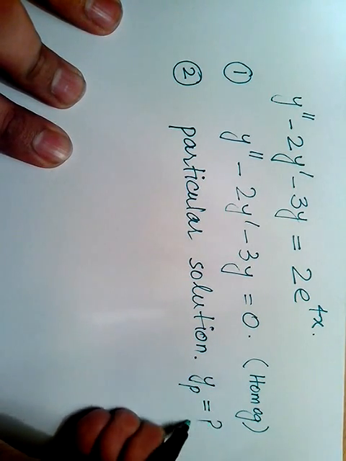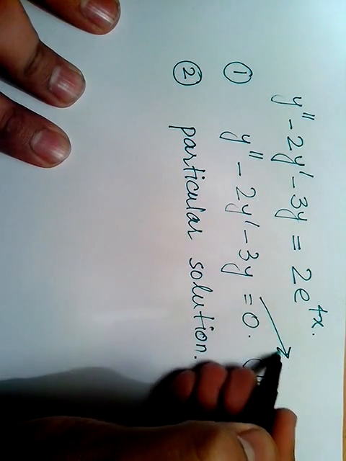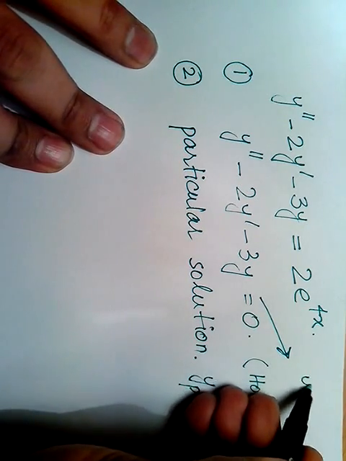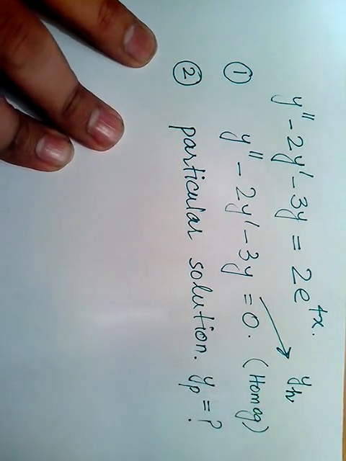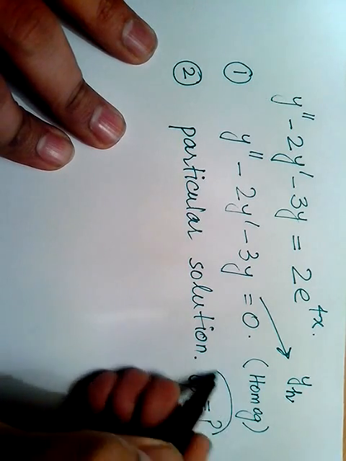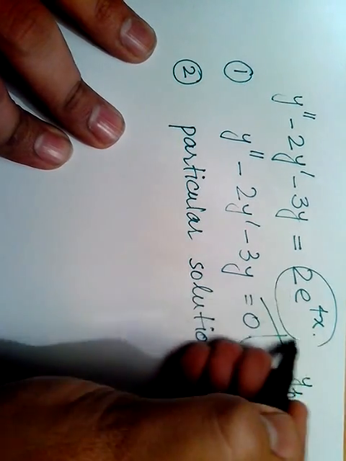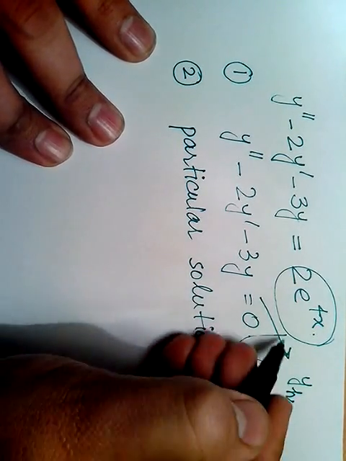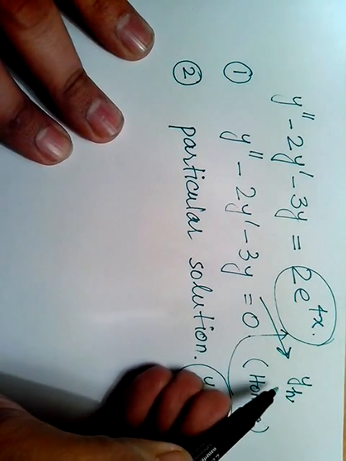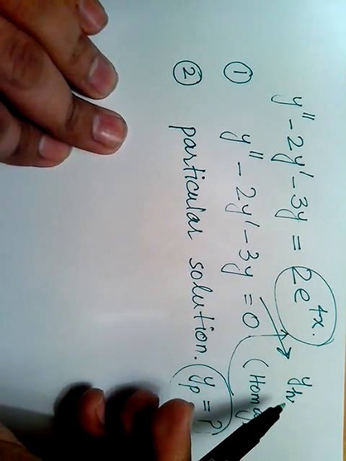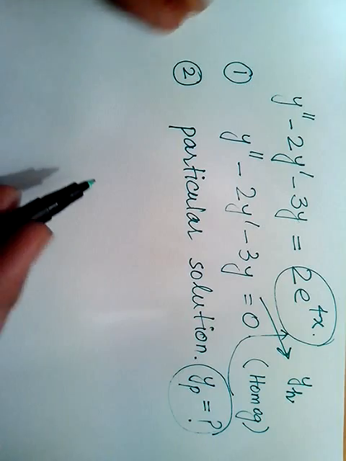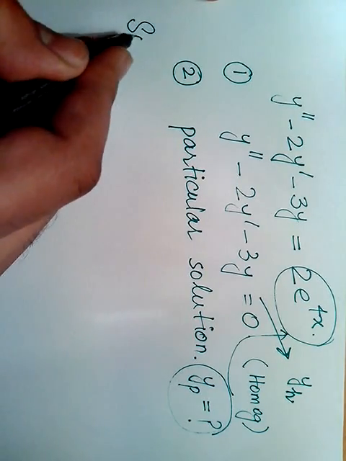This is what we need to find, and from this equation we have to find the homogeneous solution. The particular solution depends upon the right hand side, while the homogeneous solution depends upon the left hand side.